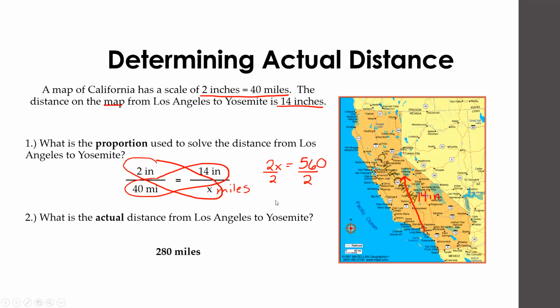Okay, so you get 280 miles, so X equals 280. So this is our actual distance from Los Angeles to Yosemite. And all we needed to do was set up a proportion. So whenever you're trying to use scale factor, remember that you're going to be using proportions again.